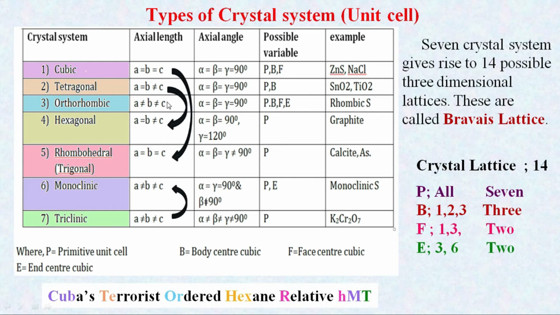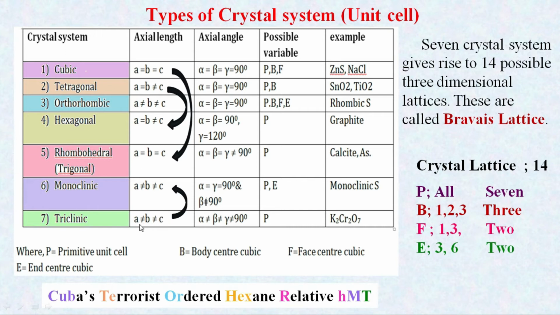So now out of 7, cubic is easy to remember, triclinic is easy to remember. With the help of cubic, I have explained how you can remember the tetragonal system and orthorhombic system. Now the question is how the remaining 3 are to be remembered. To remember the remaining 3 under the axial length sequence, things are very simple.